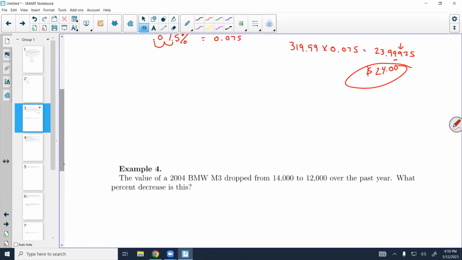So next up, we have the value of a 2004 BMW M3 dropped from 14,000 to 12,000 over the past year. What percent decrease is this?